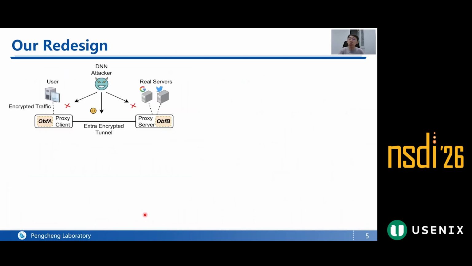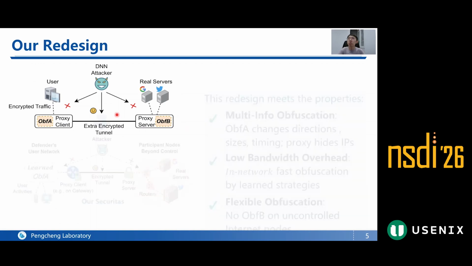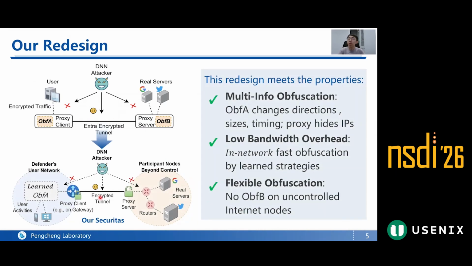So in this work, we would like to redesign this workflow to this one, and we call it Securitas. Securitas has three important properties. First, OBF-A in the user network can change different types of the side channel information, and the encrypted tunnel also will hide IP addresses.